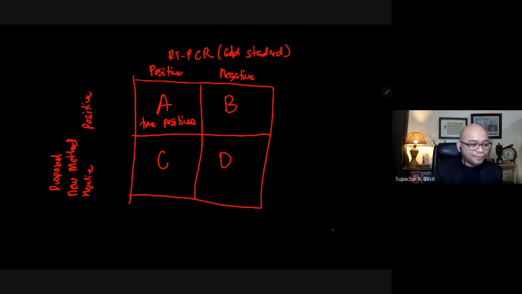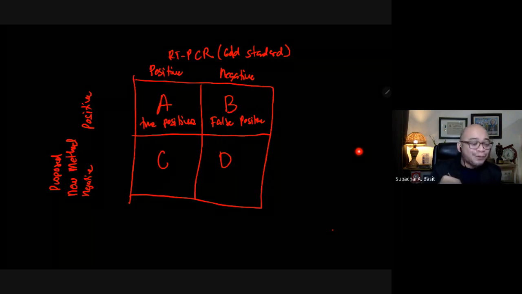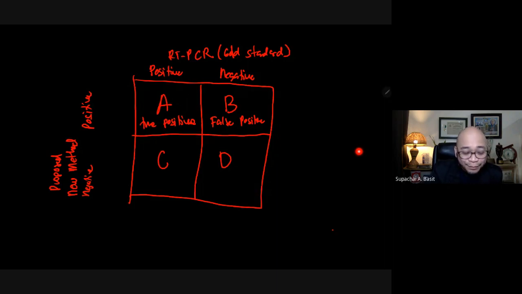Now, letter B is the people who got false positive result. Why did you say false positive? Because these people do not have COVID-19 because they are negative in RT-PCR, yet in the method that you are proposing, they get a positive value. Therefore, these people are considered to be false positive.